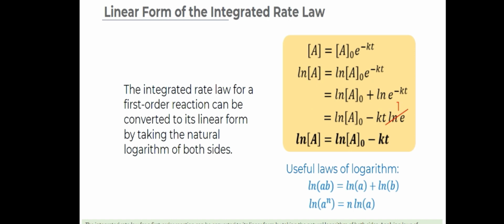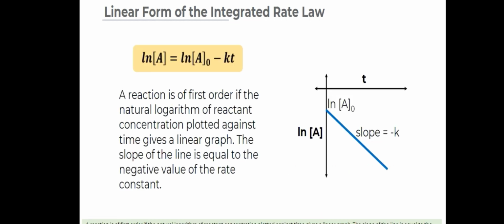The integrated rate law for a first-order reaction can be converted to its linear form by taking the natural logarithm of both sides. Applying laws of logarithm, the linear form of the integrated rate law is given by the natural logarithm of concentration of A at time t equals the natural logarithm of initial concentration of A minus kt.